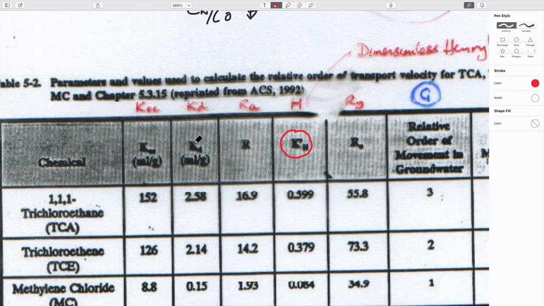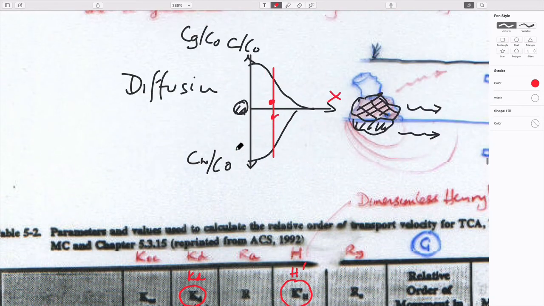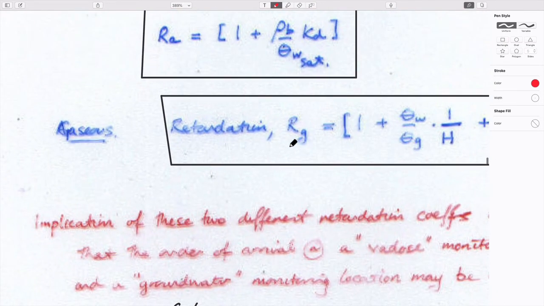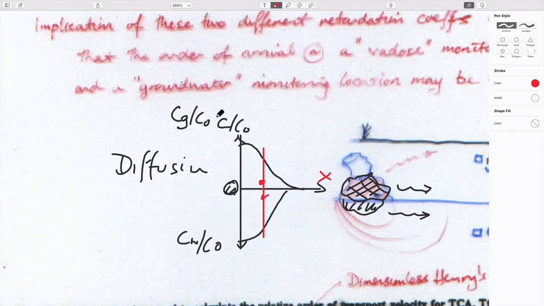This is the distribution coefficient, K sub D. I guess I've written them up here, that's why. This is KD, this is H, what I've called H prime. We could calculate the magnitudes of each of these retardation coefficients, RG and RW, for the groundwater, for the gas, and the aqueous one for the saturated zone.